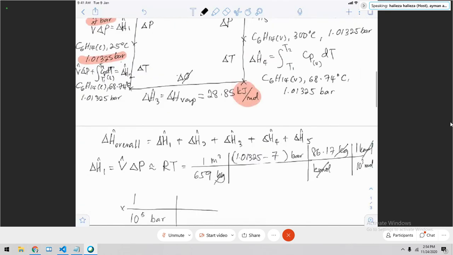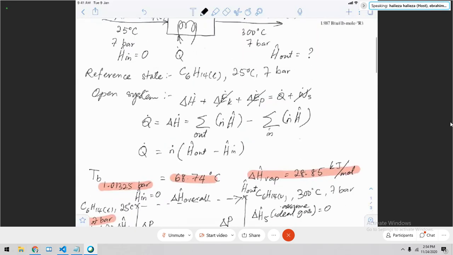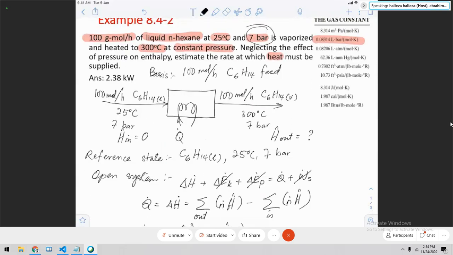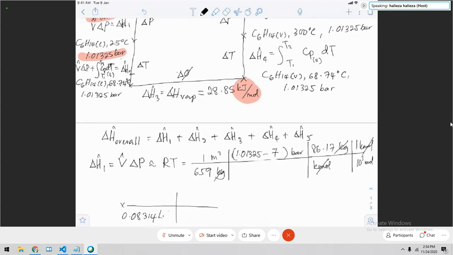So 0.08314. What is the unit? Let's go back. The unit is liter bar per mole Kelvin.